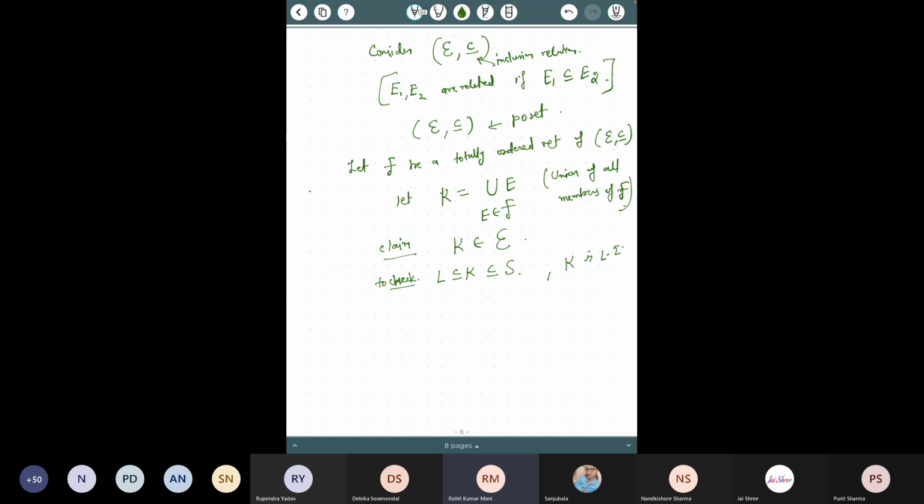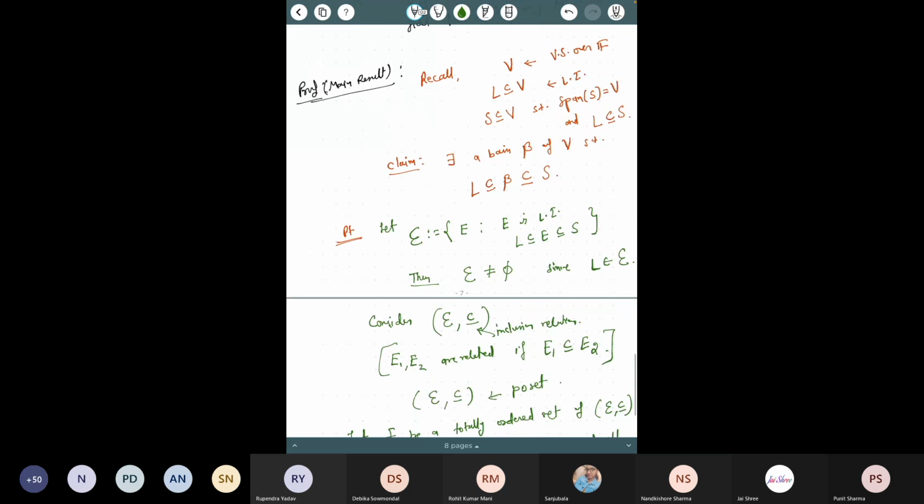Suppose there can be a possibility that L is a linearly independent set and L strictly contains E1 and also contains E2, and E1 union E2 is not a linearly independent set. And sir, in the end you have taken that the union is going to be linearly independent, in the downside, sir.